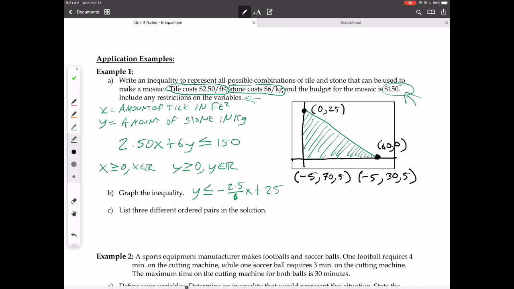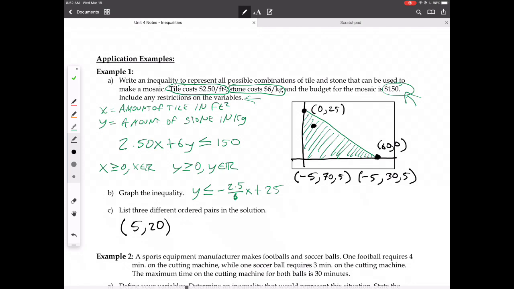Now I can pick any 3 ordered pairs or any 3 points that would fit inside of this graph that will work. So I can scroll through, I can look through all the points in my graph, and there's literally infinite possibilities. So I'm going to say, well, one case that I can see works is if I have 5 and 20. If I go up 5 and up 20, it's going to come in around here.